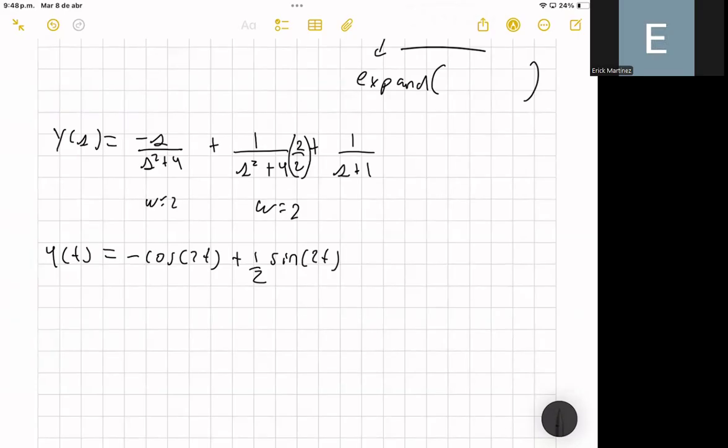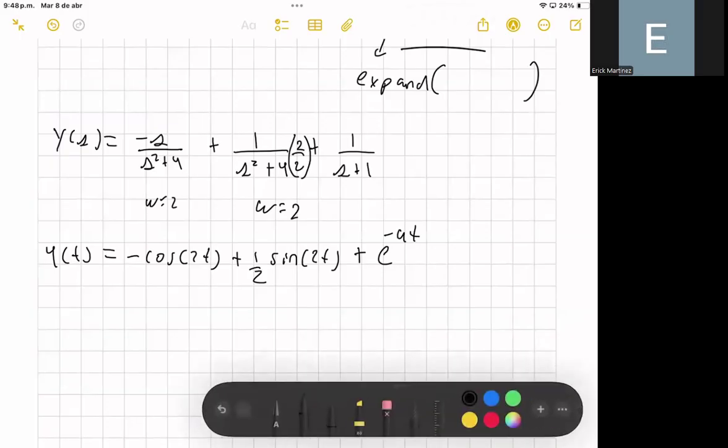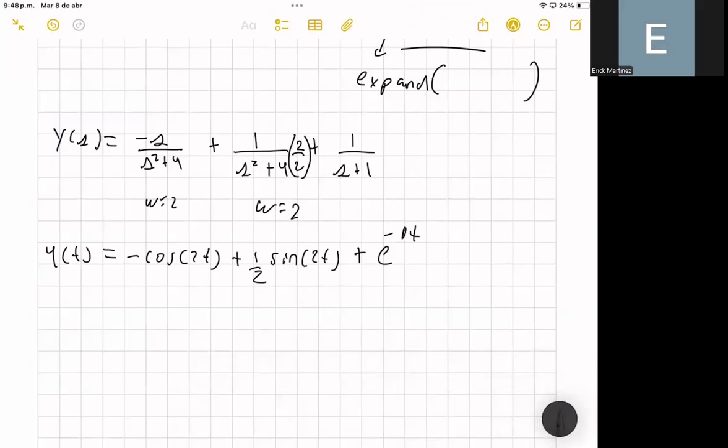And this last one looks very similar to the Laplace transform of an exponential, e elevated to the minus a times t, but here a is equal to 1. So I can express this as e to the minus t. And this is the final result.